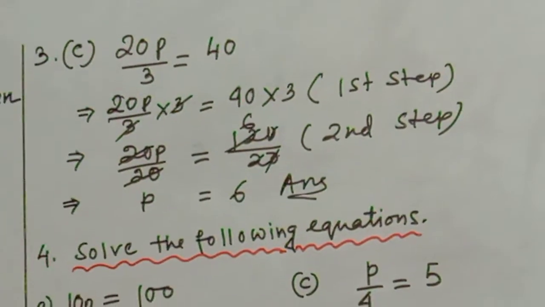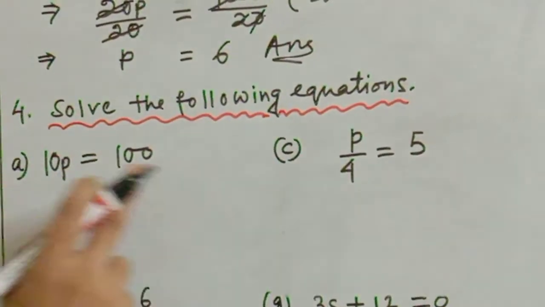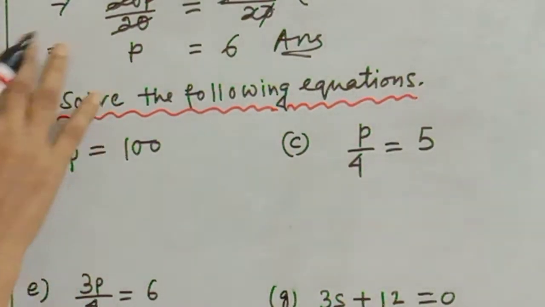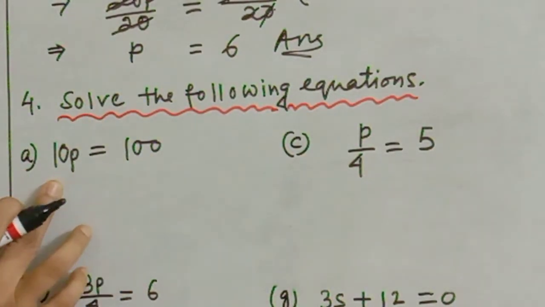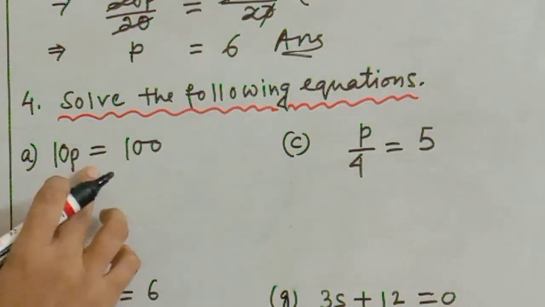Now we will do question number 4, where you need not write the steps, only solve the following equations. Now you already know what we have to do to separate the variable. 10 is multiplied here with p.